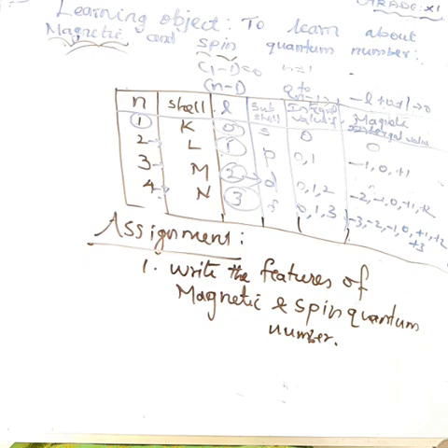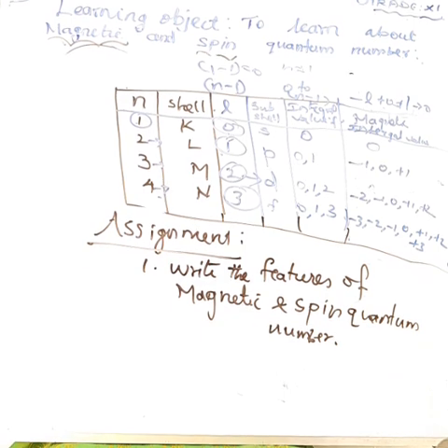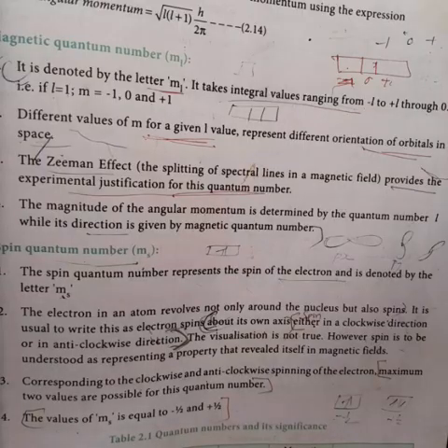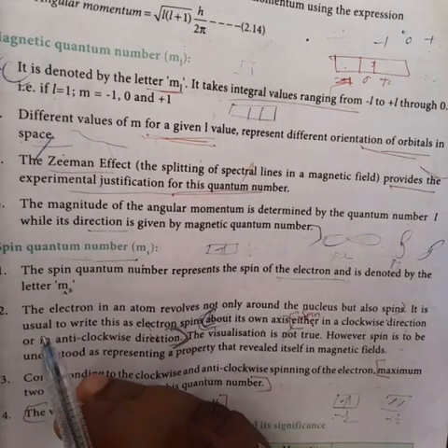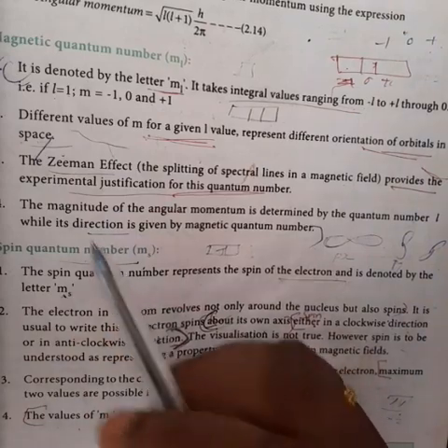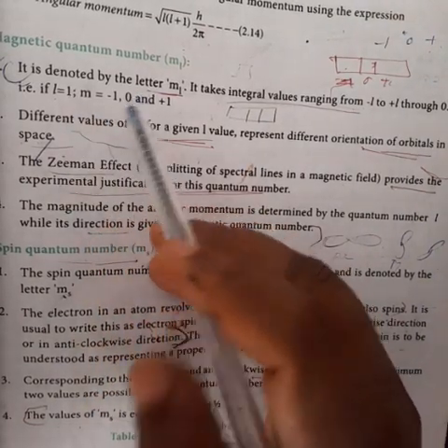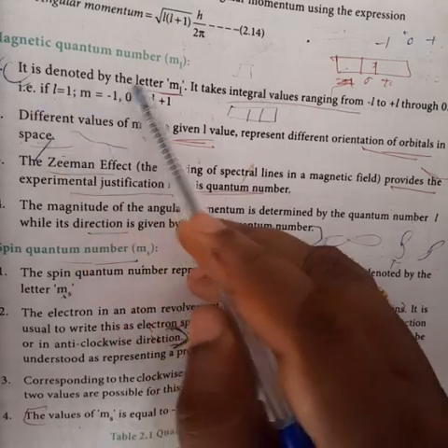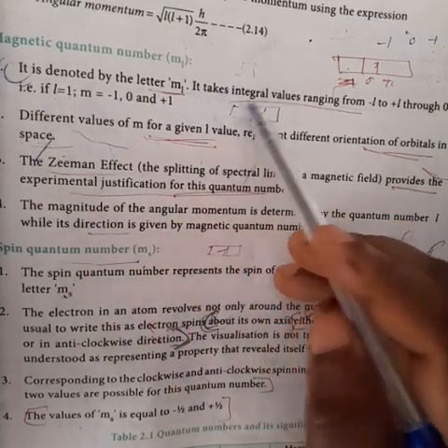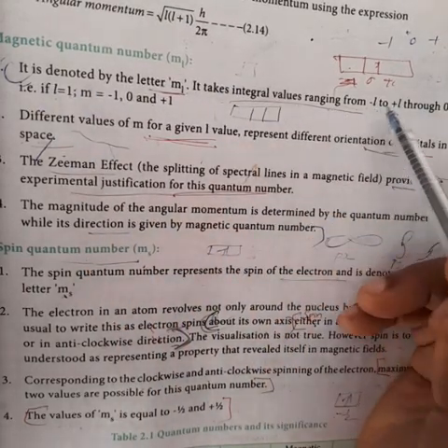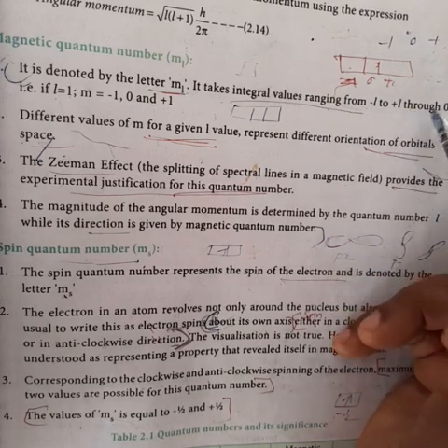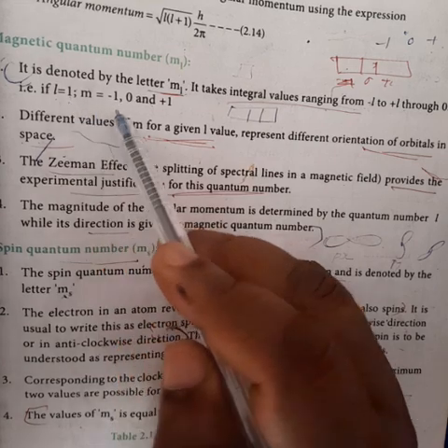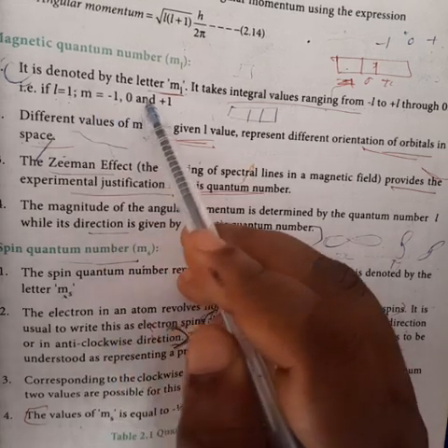Okay, if you have the book, take the book, page number 45. Magnetic quantum number ML. First point, it is denoted by the letter ML. It takes integral values ranging from minus L to plus L through 0. That is, if L is equal to 1, M is equal to minus 1, 0 and plus 1.